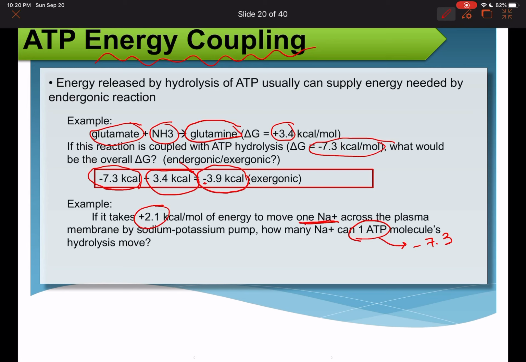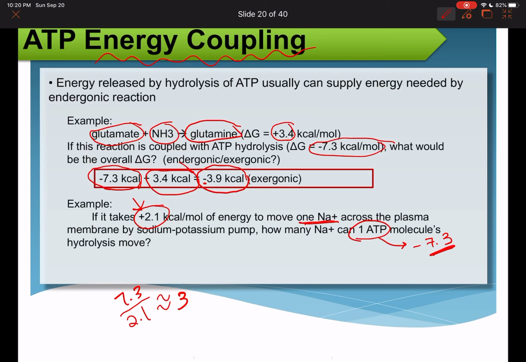So now what this problem is really saying is, how many sodium ions can you buy with $7.30 in your pocket when one sodium ion costs $2.10? Well, very easy, just a basic division problem. 7.3 divided by 2.1 is approximately 3.